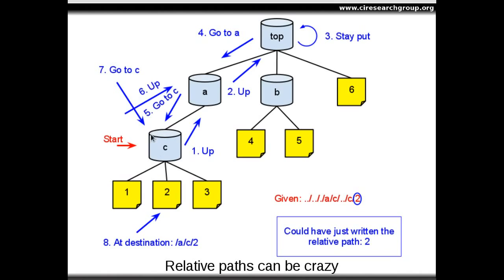Now notice, since I started here in subdirectory C and file number 2 was stored in subdirectory C, I could have just given the simplest relative path from this starting location to this file, and that simply would have been the number 2 by itself, with no slashes or anything. So relative paths can be fairly complex, and the system will process these paths and turn them into meaningful paths to the system in order to be able to find your files.